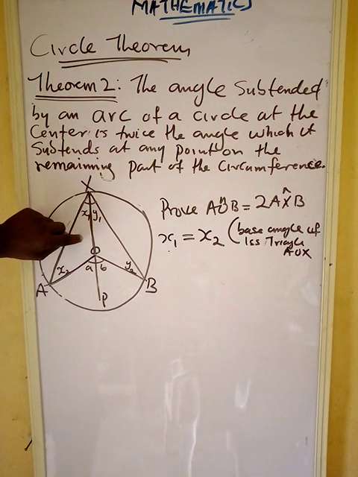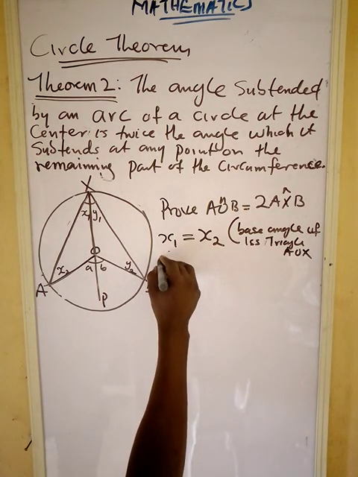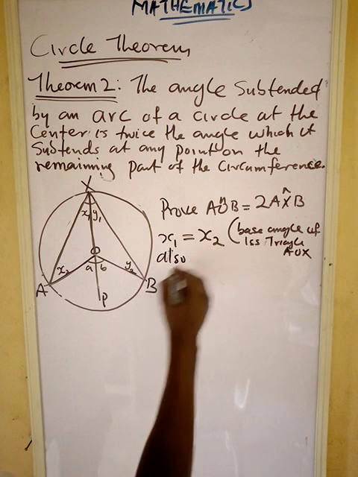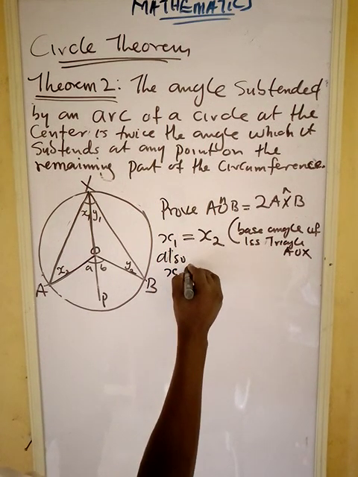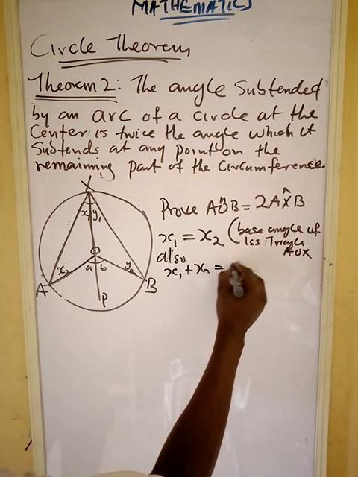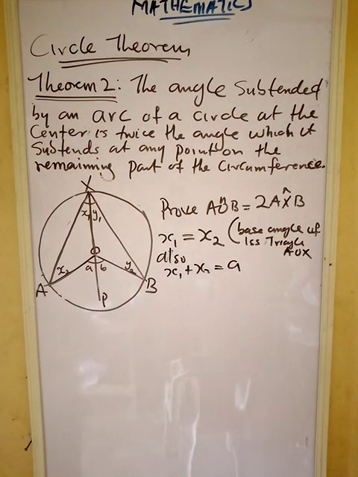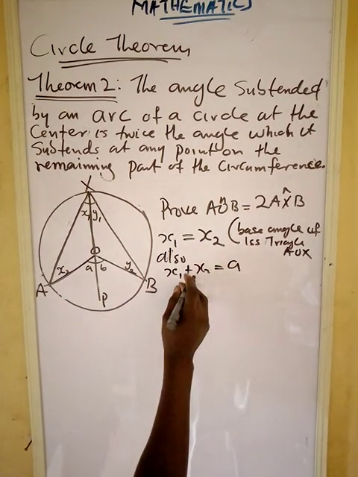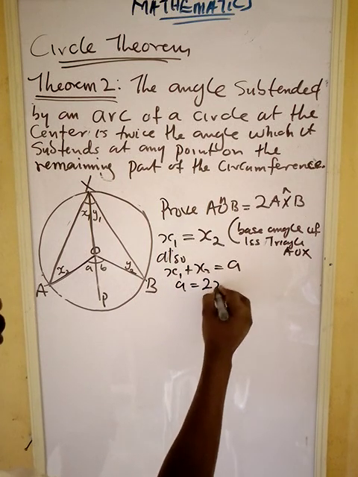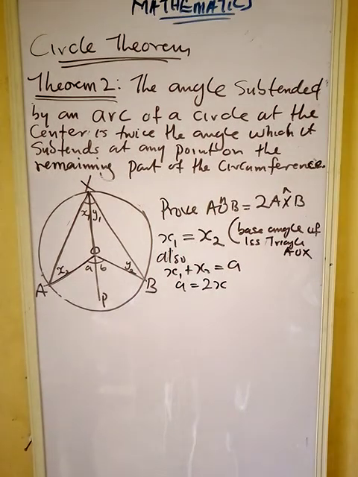So if that is the case, x1 plus x2 equals A. So x plus x gives us 2x. That means A equals 2x. Why?